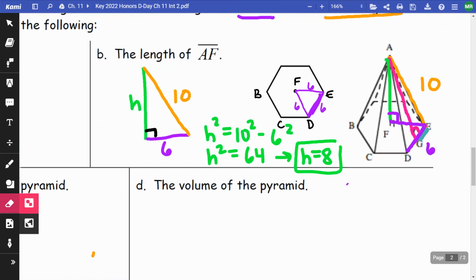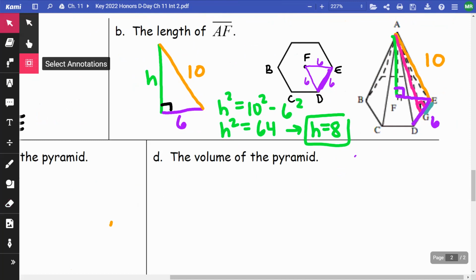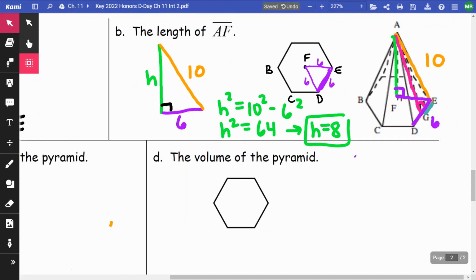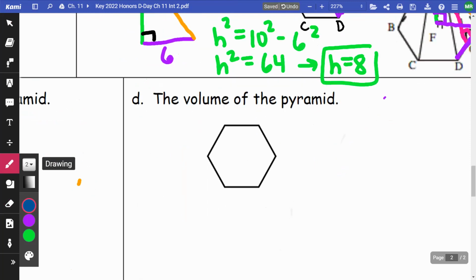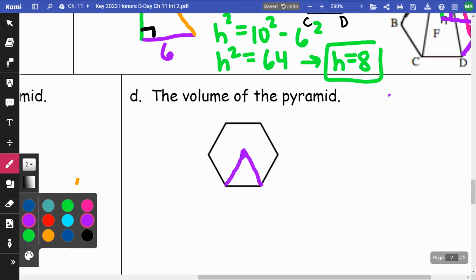So I'm going to zoom in here. And again, we have that base, and for that base I am going from here to here to here. That is 6 and 6 and 6.